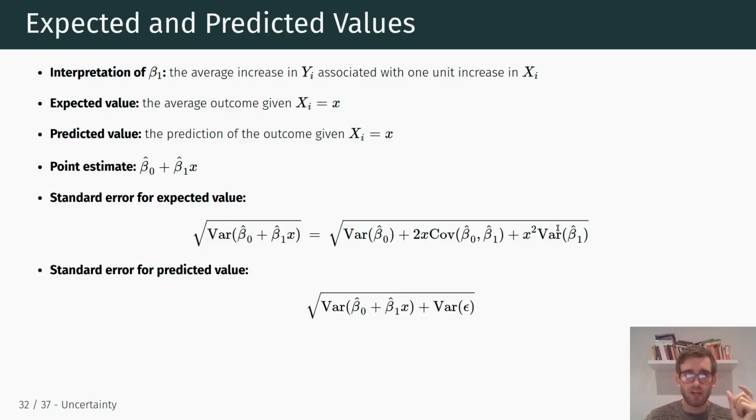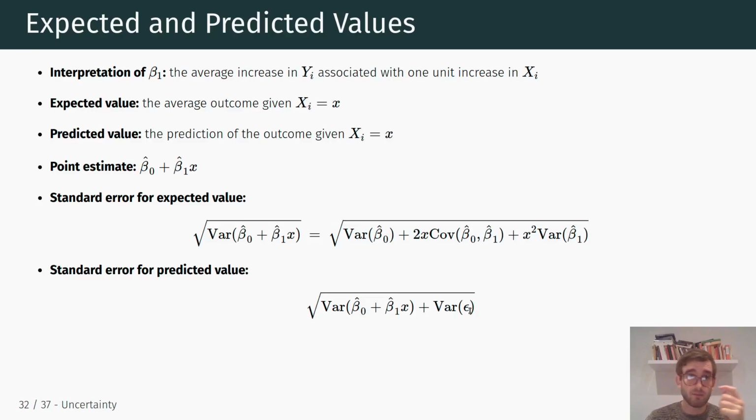How does the standard error for the predicted value now change? The key here is that rather than looking at the average outcome and just taking into account the estimation uncertainty, in this case we also take into account the variance of our epsilon.